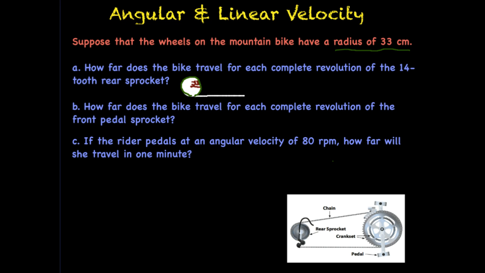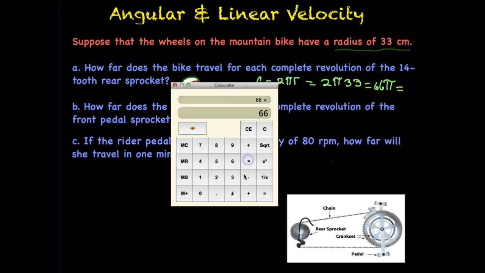Well, remember that the equation for the circumference of a circle is equal to pi d, or 2 pi r. In this case, our radius is 33, so we would have 2 times pi times 33, or 66 pi, and if we multiply 66 times pi, we'll do 66 times 3.14, we get 207.24 centimeters.